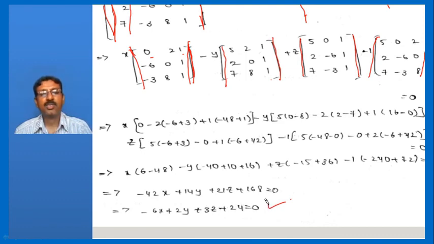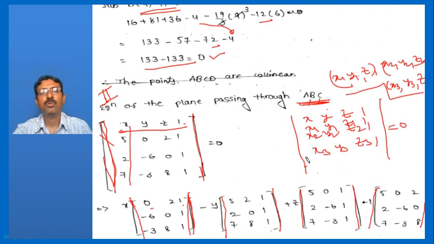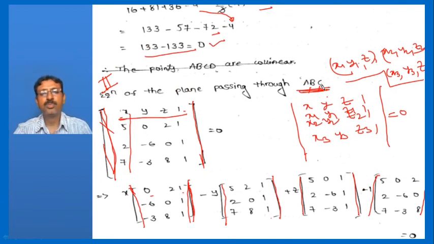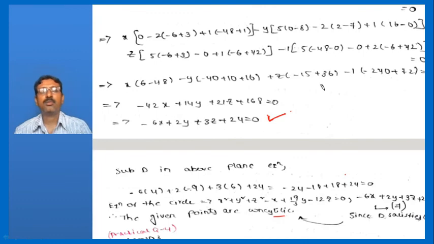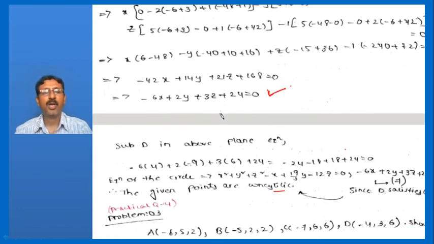So this represents the equation of a plane passing through the points A, B, C. Now again I substitute D in the plane equation, as we did before.